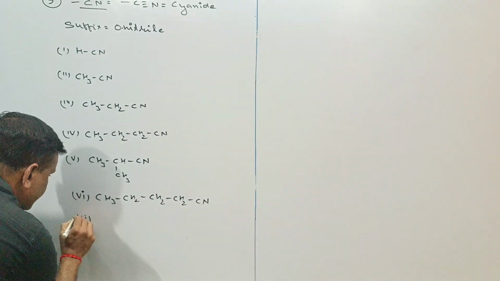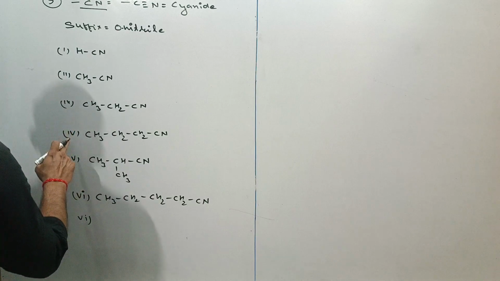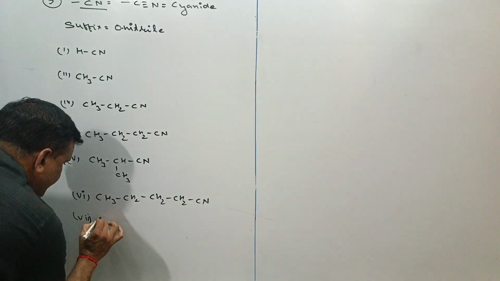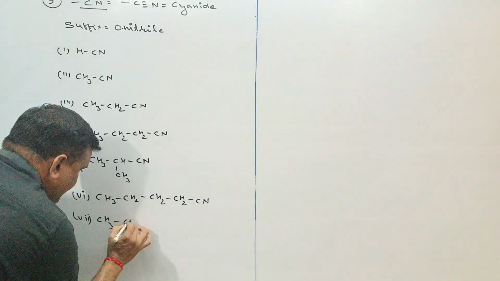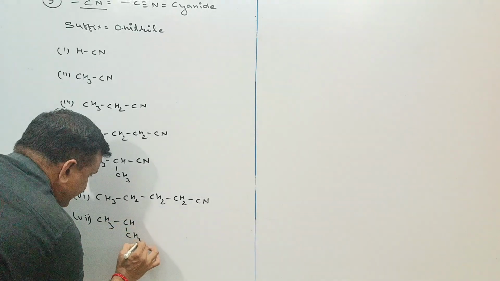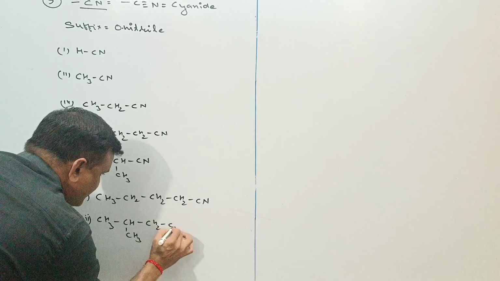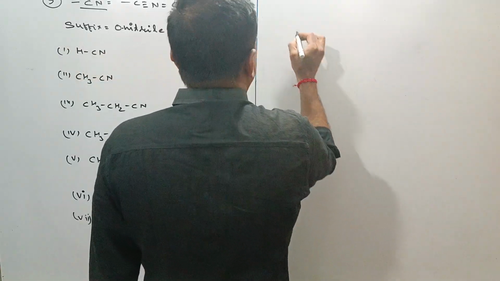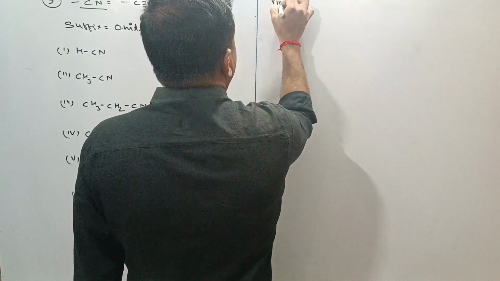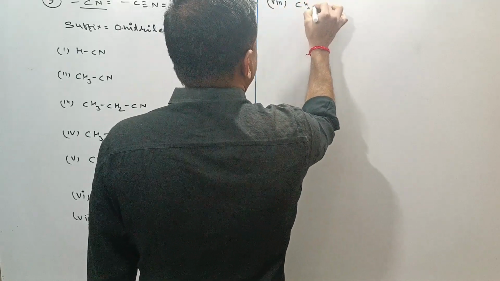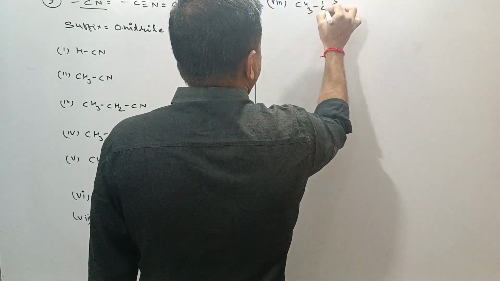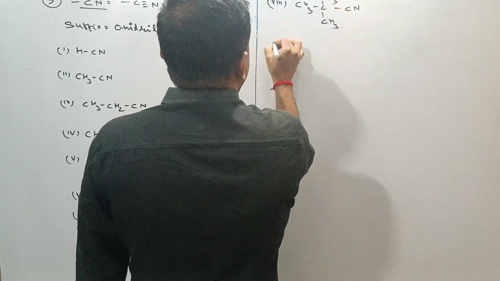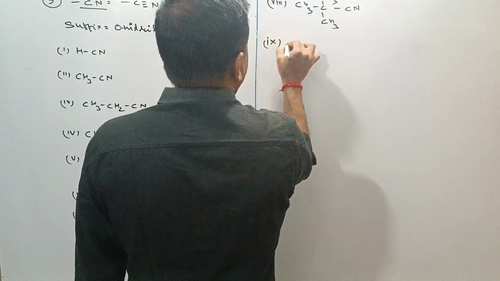The first, second, third, fourth, fifth, sixth and seventh compound you can take CH3CHCH3 and CN. Now I would like to go with the eighth compound, CH3, this is the CH3 and CN, this is the ninth compound.